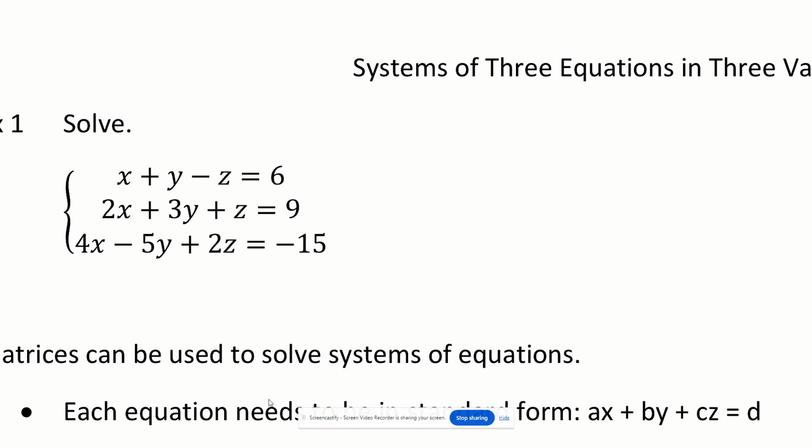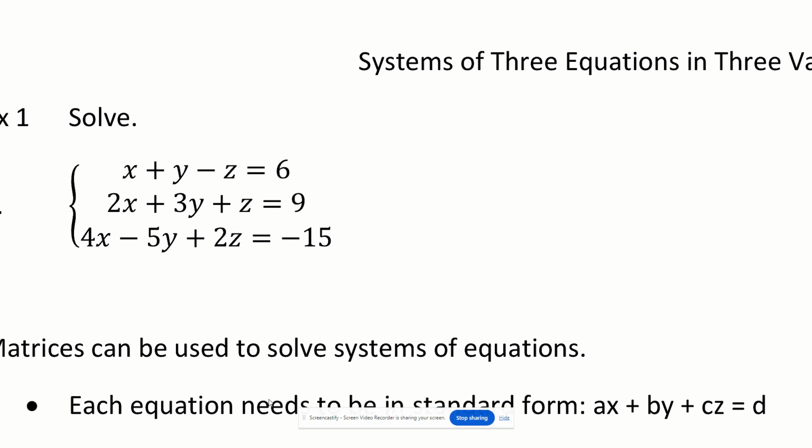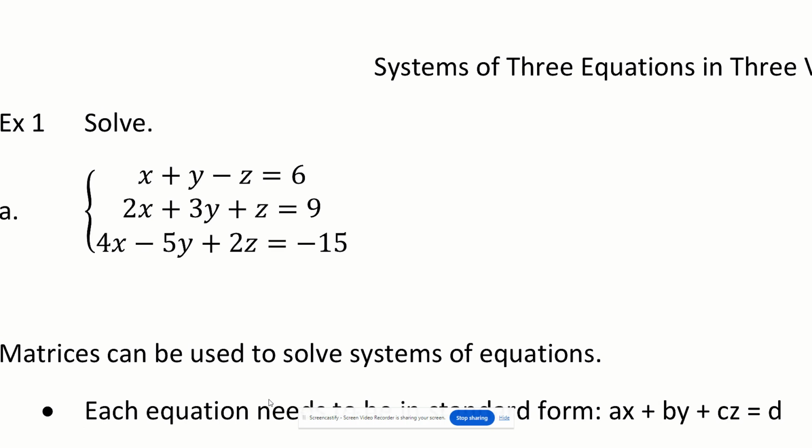The first thing you have to do, when you have something like this where it's three equations, obviously it has three variables, and if I want to solve it, I've got to get it down to where I can solve for a single variable. So for example, we label these: this is A, this is B equation, this is C. We've got to utilize two equations at once in order to get rid of a variable.